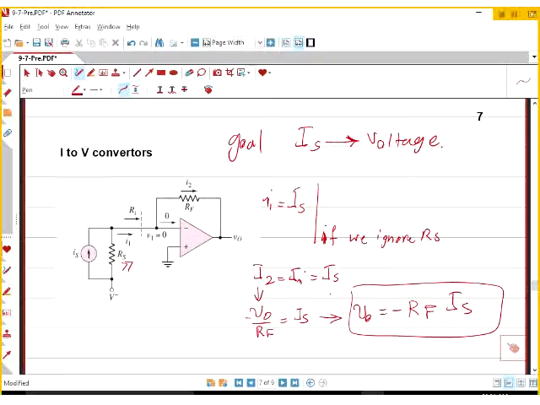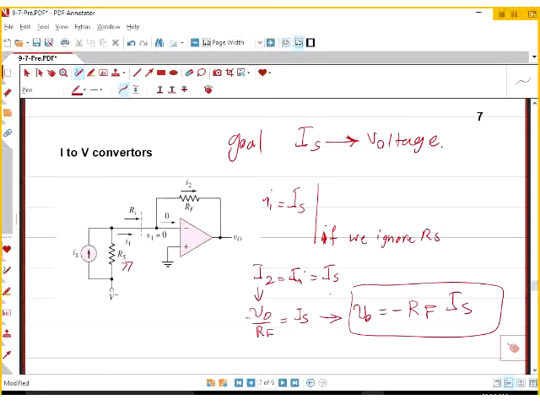Yes? If it's high. If it's not high, it matters in practice. Why? Because the op-amp is not ideal, right? If the op-amp is not ideal and has an input resistance, let's say the input resistance is 2 megaohm. If the RS is also 2 megaohm, you're going to lose half of that current.